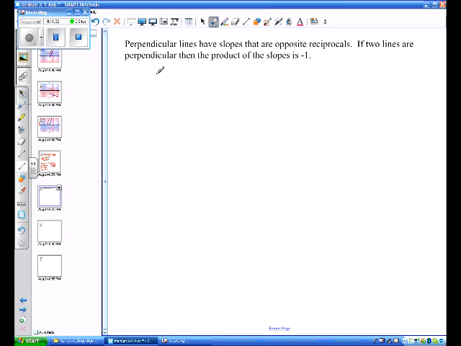So if one line had a slope of 1/3, then the line that was perpendicular to it would have a slope of -3. Those are opposites and they're reciprocals. If you had a line whose slope was -2/3, then the line that is perpendicular to it would have a slope of +3/2.